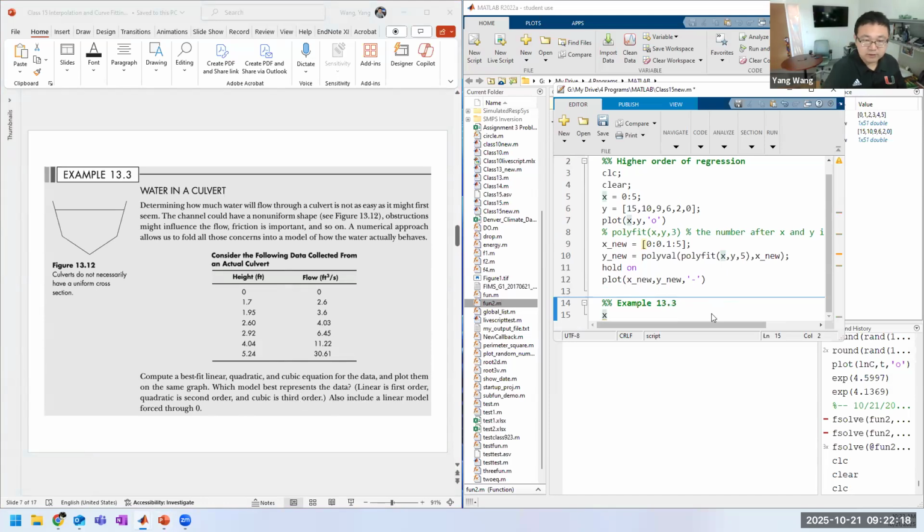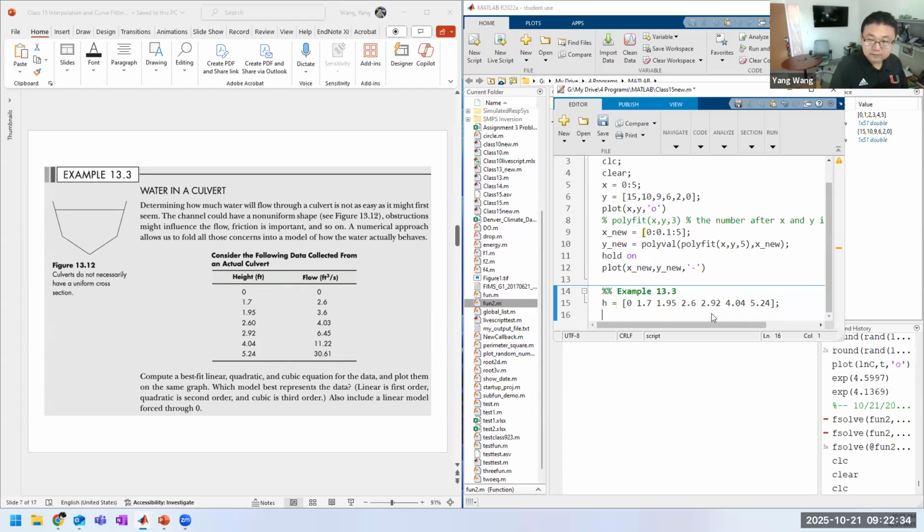So here is how we can look into this problem. We need to first put in the data. So h, which is the height, is 0, 1.7, 1.5, 6, 2, 4, 0.2. Flow is 0, 0.6, 3.6, 0.3.